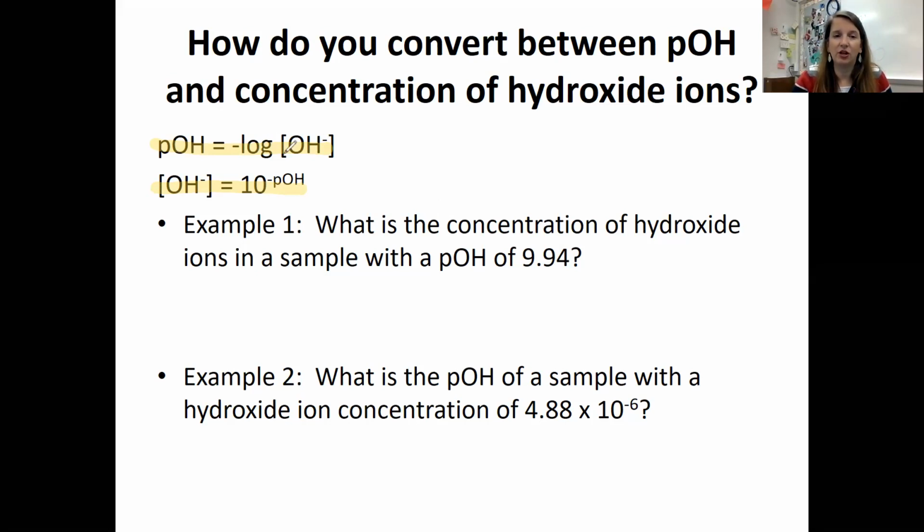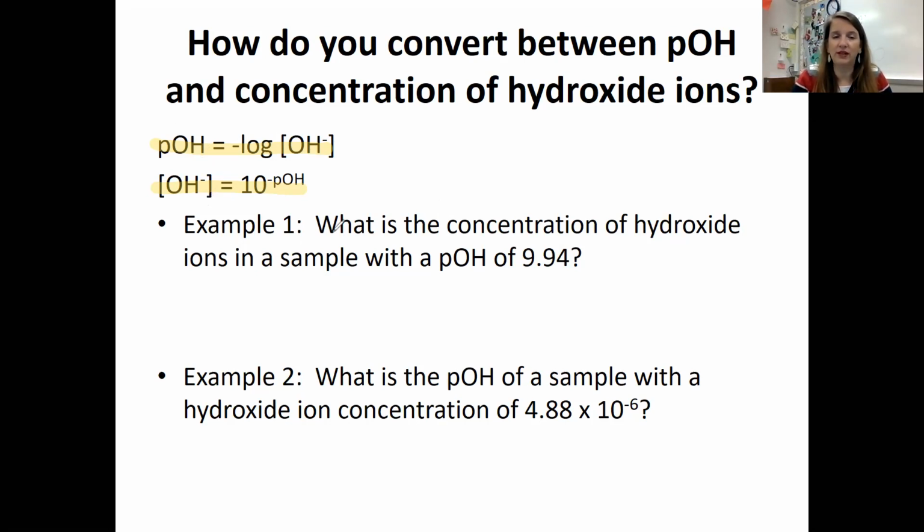So if we take the negative log of hydroxide, it's going to give us pOH. If we take the negative log of hydrogen, it's going to give us the pH. And the same thing down here, if we take 10 to the negative pOH, we're going to get hydroxide ions. If we take 10 to the negative pH, we're going to get hydrogen ions. But otherwise, those formulas are the same.